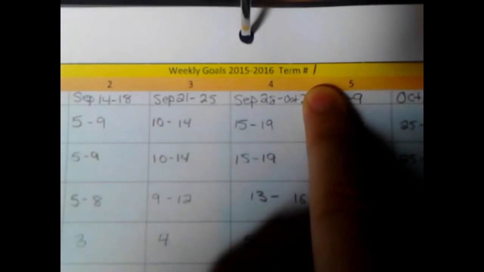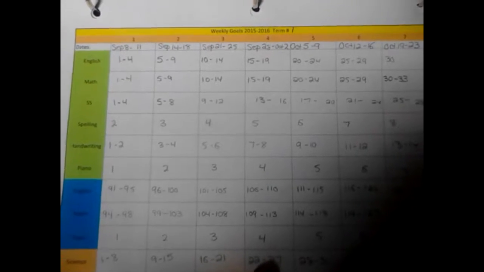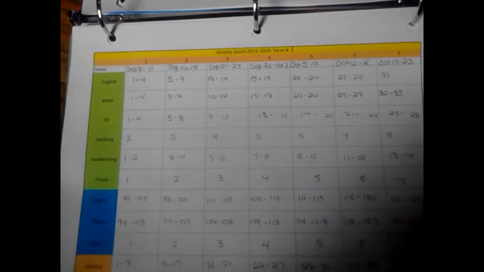Now this is what I do on my week off. When I have my weekly break in between my terms, I do this once each term. So I have term 1 done because school starts in a couple weeks. I am not going to plan out term number 2 until the end of term number 1.